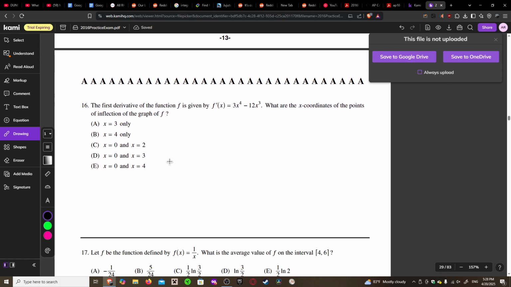The first derivative of the function f is given by f prime equals 3x to the 4th minus 12x cubed. What are the x coordinates of the points of inflection?